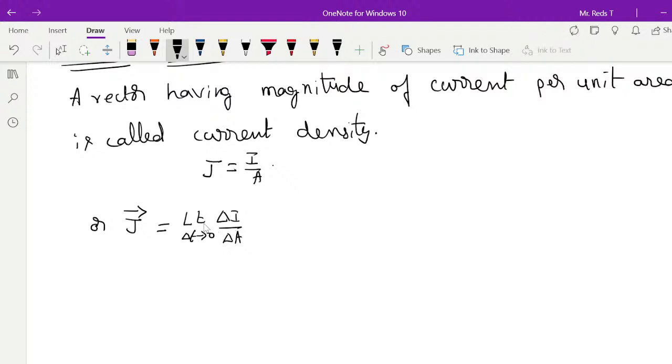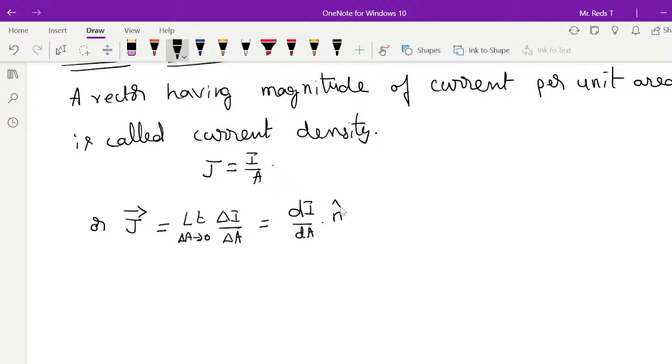When you discussed average current and instantaneous current, we used this kind of notation. Here delta A tends to 0. This limiting value of delta I by delta A can be taken as dI by dA. And what is the direction of the current density vector?